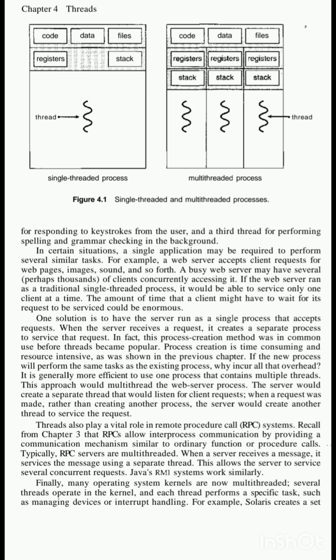In a multi-threaded process, each thread operates independently and can execute different parts of the program. This parallel execution can lead to increased efficiency, especially in tasks that can be divided into smaller subtasks.